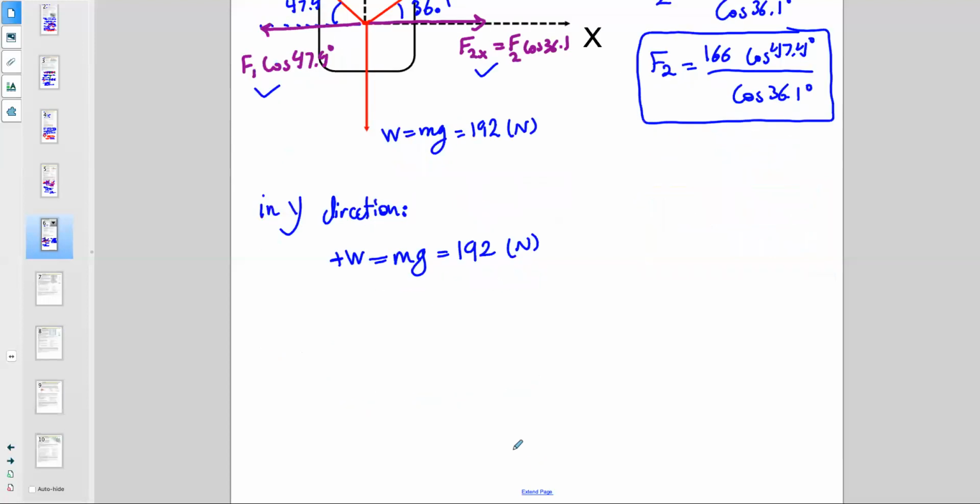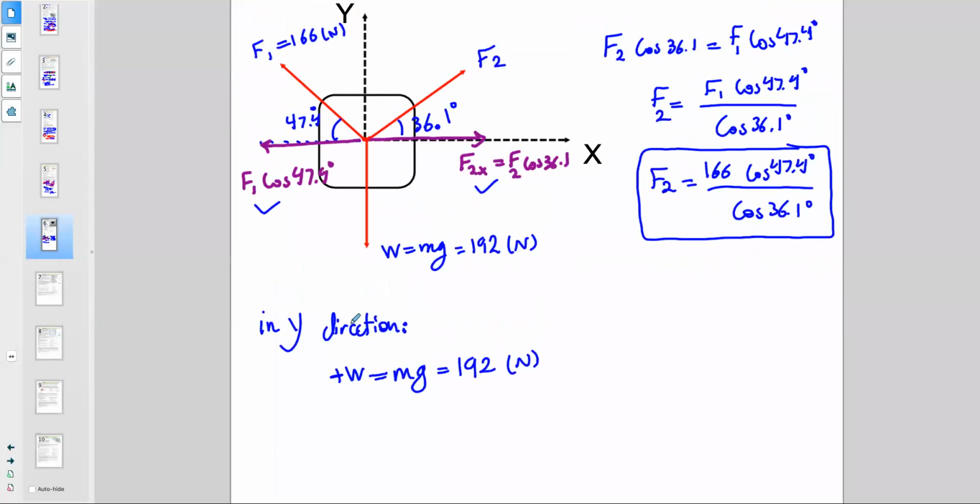We have F2 sine of 36.1, which is along the positive y direction. And we have F1 sine of 47.4, which is again along the positive y direction.